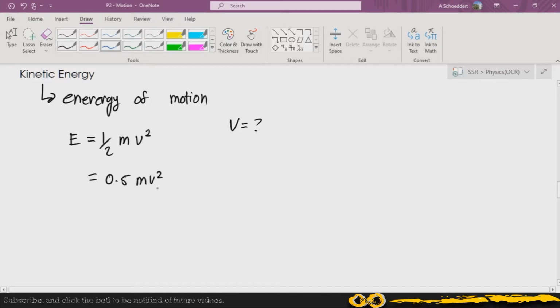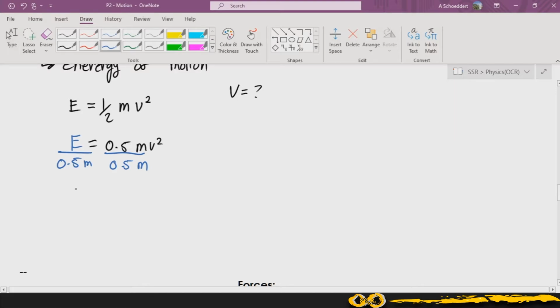In this equation, you see that velocity squared is multiplied by 0.5 times m, which means we need to divide both sides of the equation by 0.5m. This gives us the fact that energy divided by 0.5m is equal to the square of the velocity.